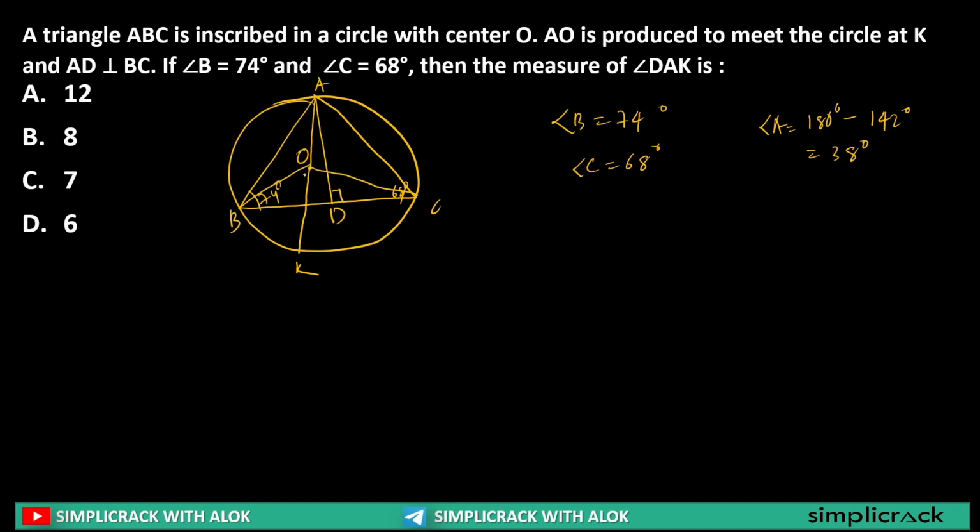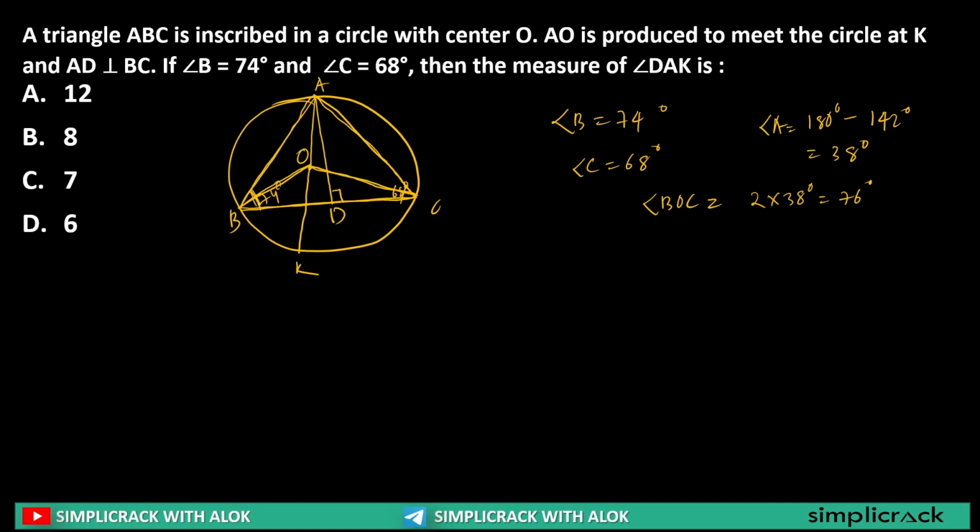Now understand this. Here this is a chord, this is one angle at center, and this is another angle being created over here, right? So what we know, the angle BOC will be twice of this angle, 2 into 38 degree, that is 76 degree. First thing, what will be AOC?